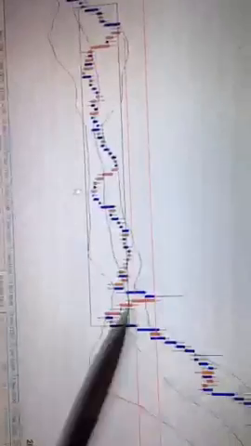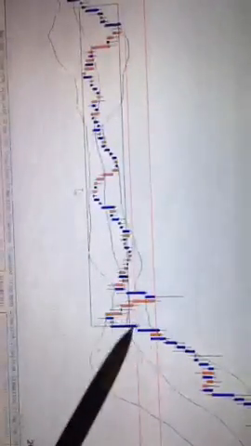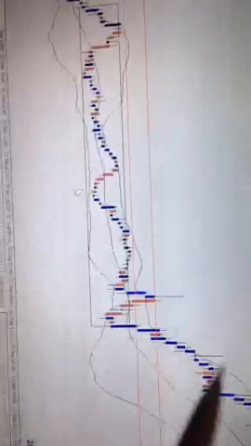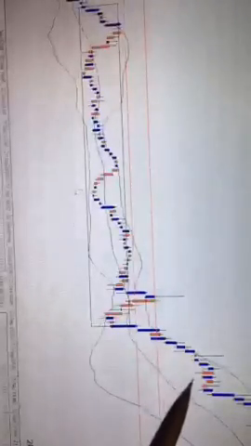It just rides that upper band as it's coiling upwards, and that is an indication to go long. Now, when you go long and you see this bottom band coiling down, what that indicates is that the move will typically be much quicker than if this band were to coil upwards with price.